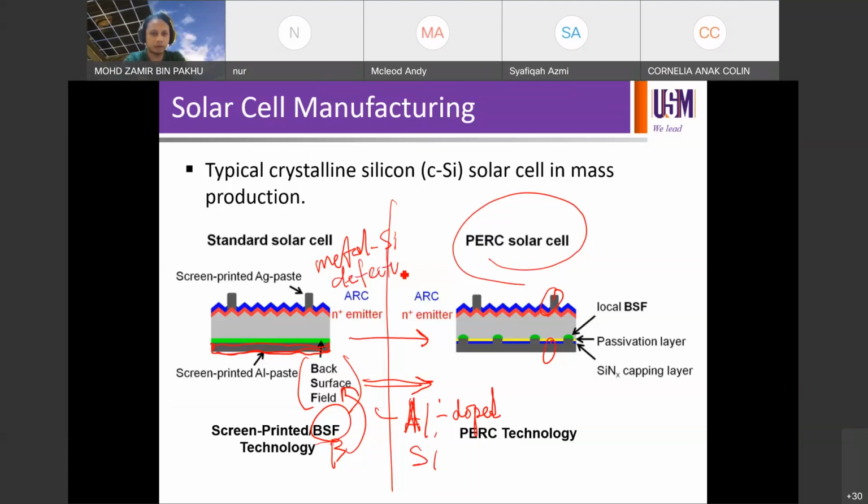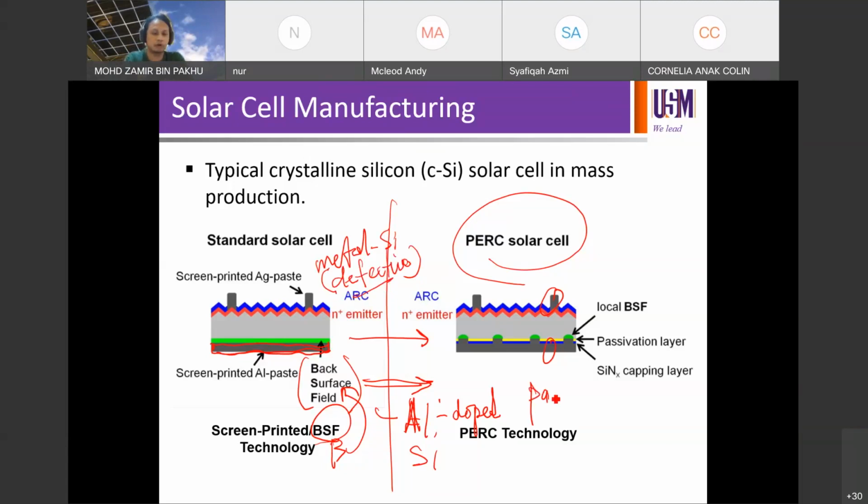That means it will induce SRH recombination. So the more area you have involving metal to silicon interface, the higher the probability of recombination. So that's why the new technology is called PERC, passivated emitter.